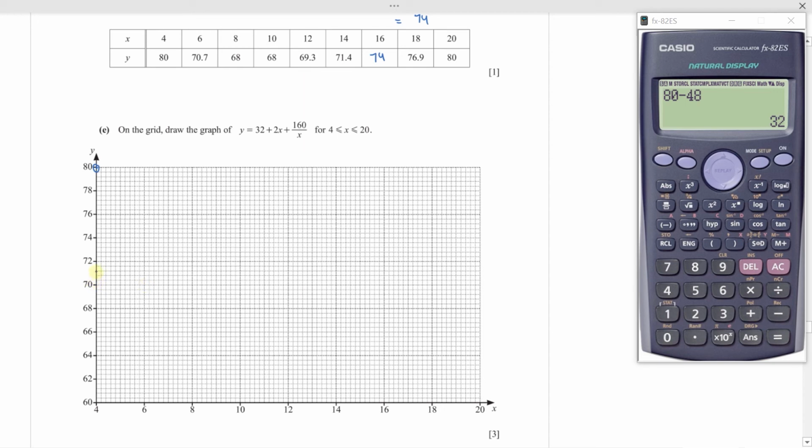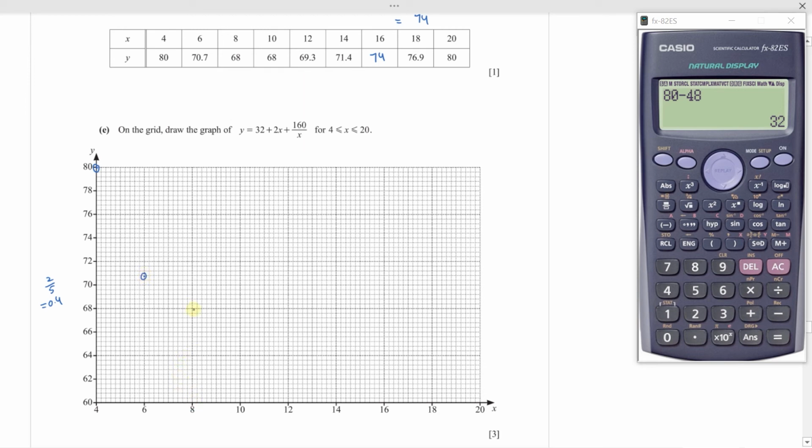You have 1, 2, 3, 4, 5 blocks here, and the value changes by 2. So 2 by 5 is 0.4. So each small block here represents a change in value of 0.4. So this is 6 and 70. This will be 70.4. This will be 70.8. So just below this line, 70.7.